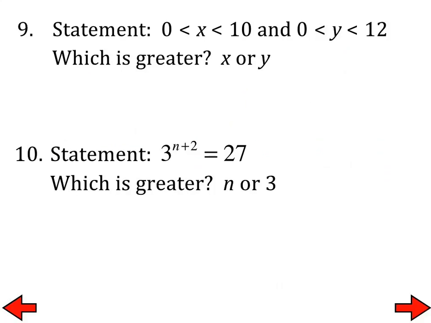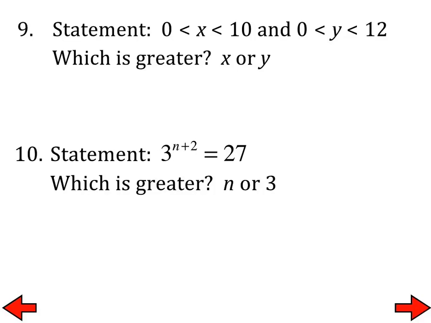Okay, so here's what I would like you to do. We're going to do 9, 10, 11, and 12. Let's do the next 4 problems. Number 9, which is greater, x or y? Cannot be determined. Why not?